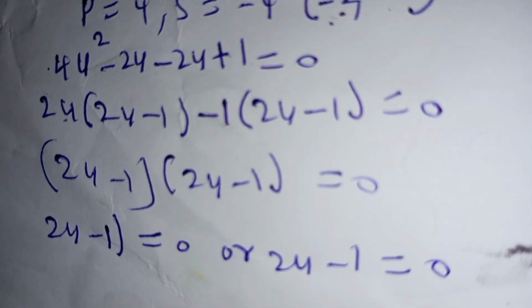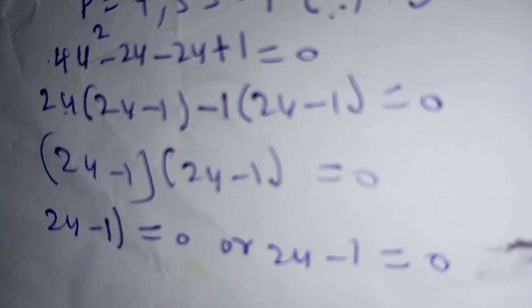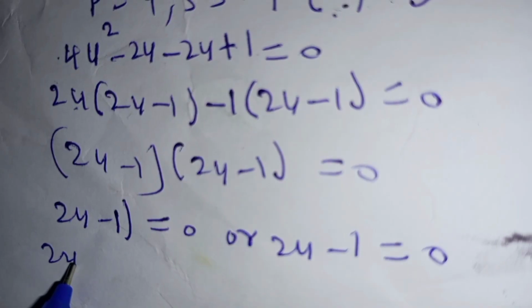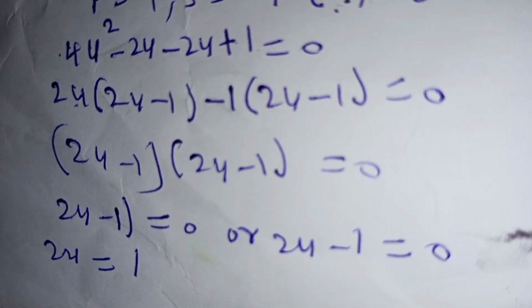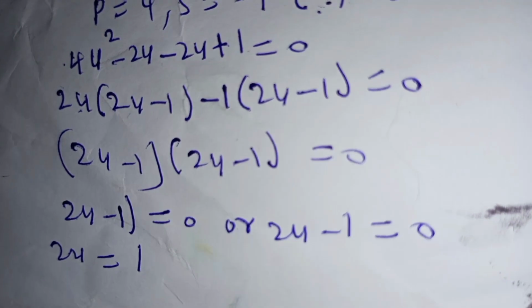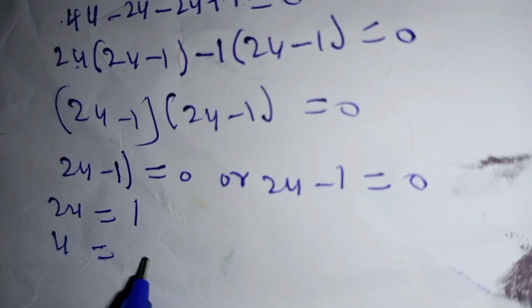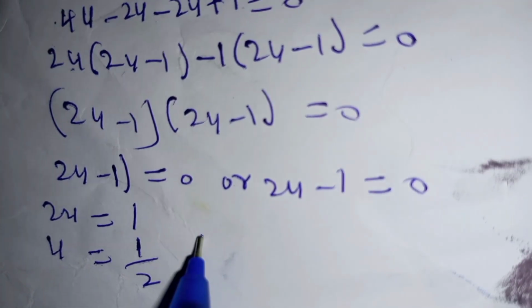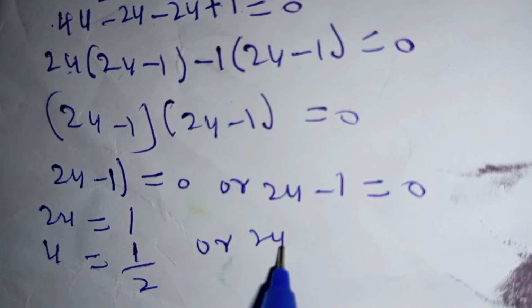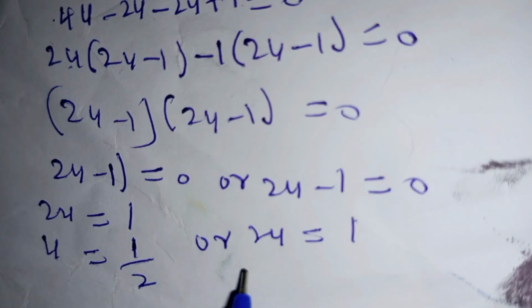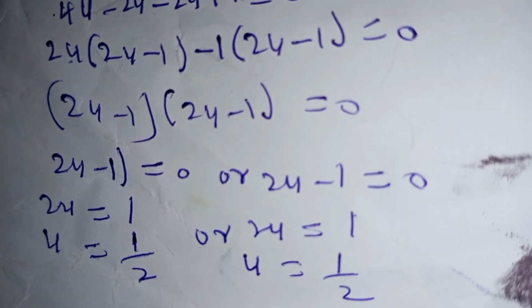So this is a square quadratic. So 2u is equal to 1. Taking negative to the left, it is 0 plus 1. Now we divide by 2, so u is equal to half. Or even in this other case, 2u is equal to 1, u is equal to half.